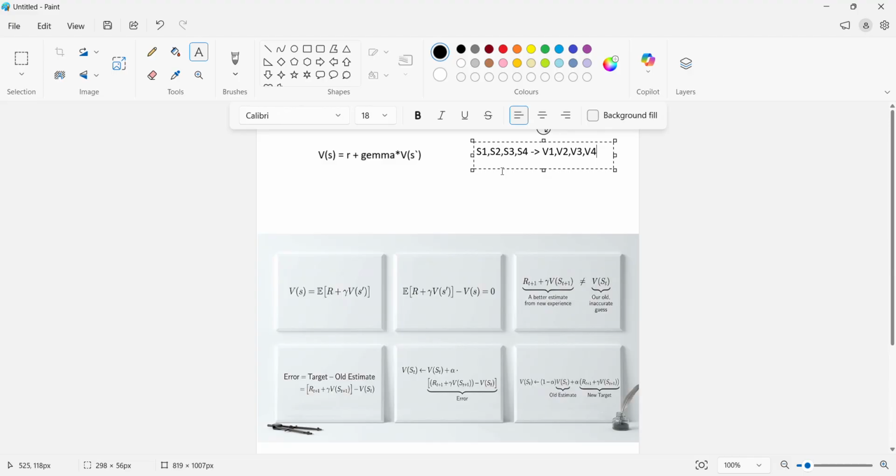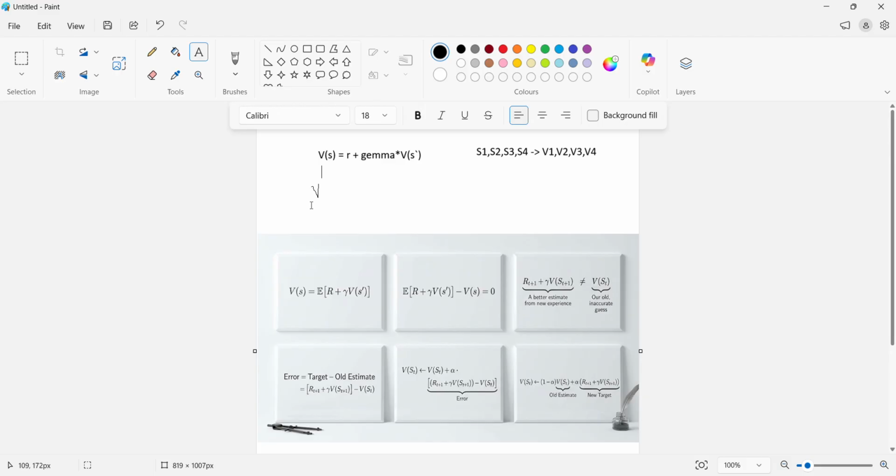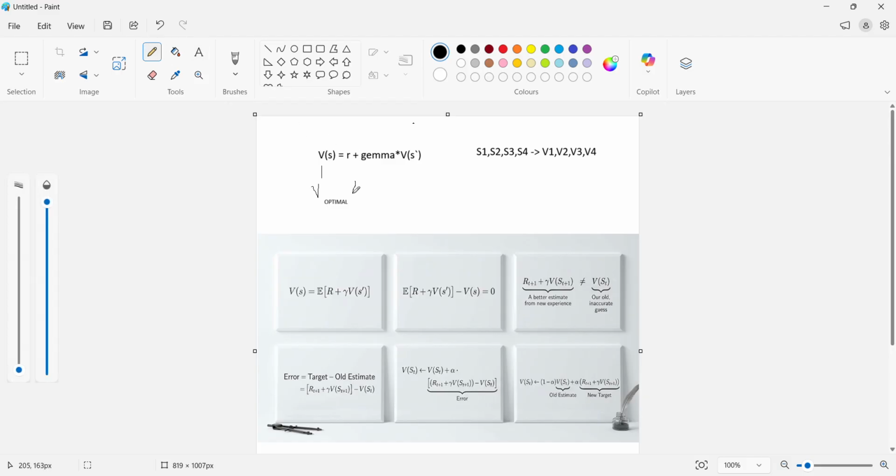With the passage of time we should be able to find the optimal value for each of the states. What I am trying to say is that we need to find the V optimal for this state S.